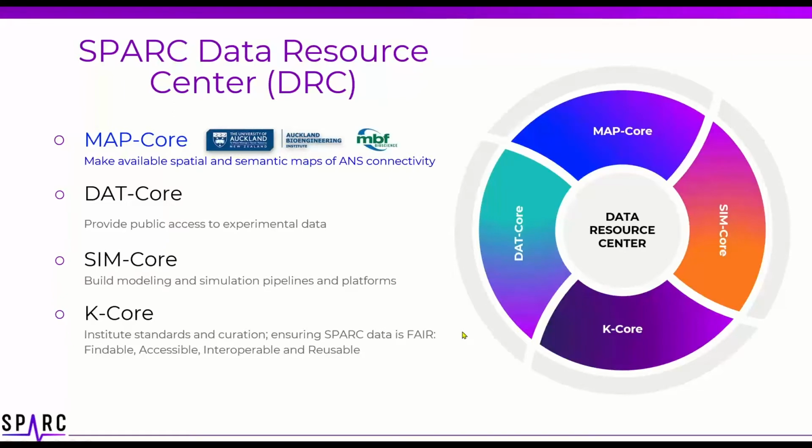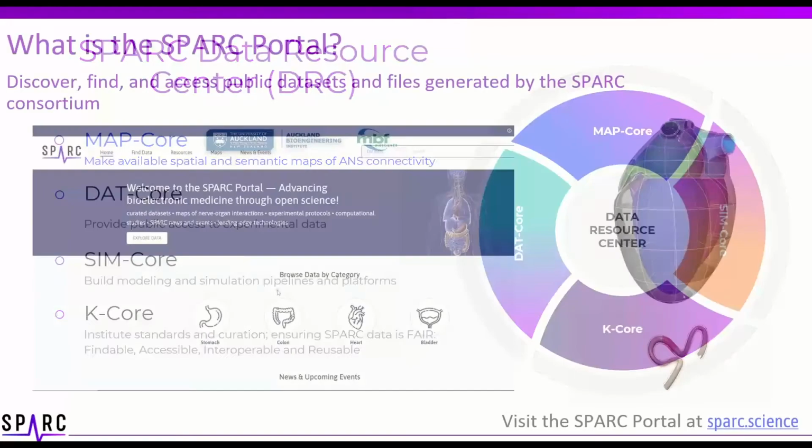As a quick recap from Part 1, Auckland Bioengineering Institute and MBF Bioscience are both part of the SPARC MAP-Core team. We work closely with different experimental groups funded under SPARC to create 2D and 3D connectivity maps of the autonomic nervous system. And these maps are made available on a public data sharing platform called SPARC Portal.